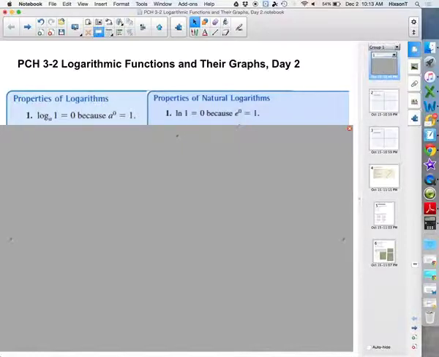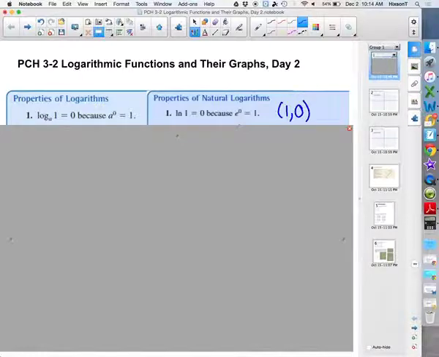Now, notice what that's giving us. If this were an exponential function, the x-coordinate is what? If we're doing a logarithmic function, the x-coordinate would be 1, and the y-coordinate would be 0.